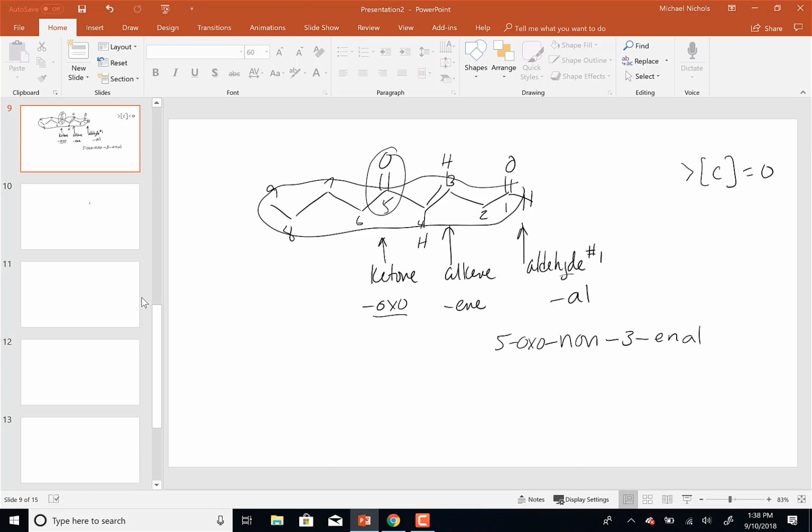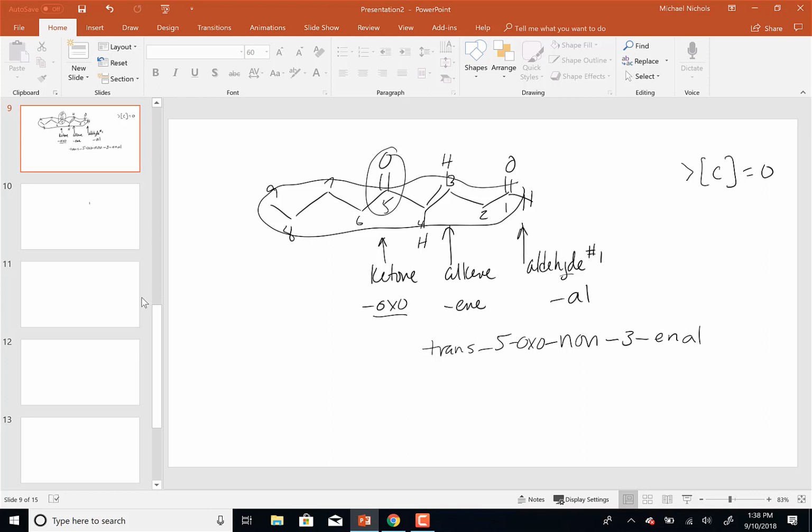In this case, both hydrogens are opposite, and therefore the correct name would be trans-5-oxo-non-3-enal. So cis or trans can be used whenever there are basically two hydrogens attached, one hydrogen each, to the two carbons in the double bond.